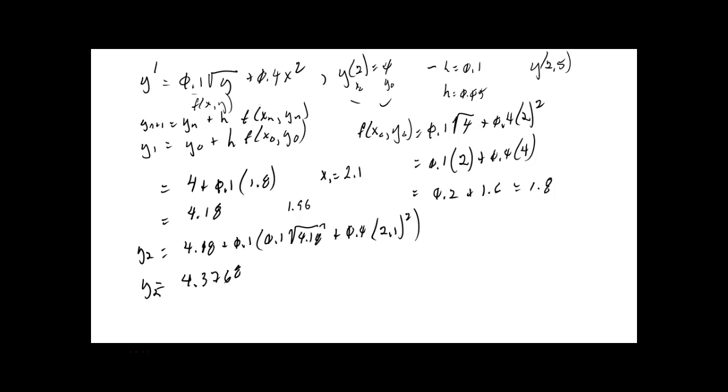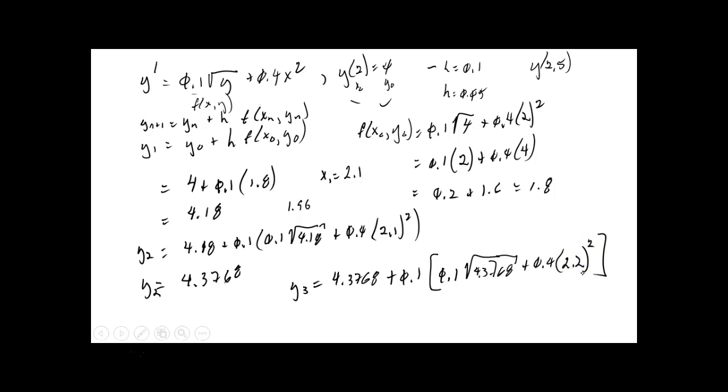y3 is going to be this number here, 4.3768, that's our y2, plus your 0.1, that's your h, times 0.1 times the square root of 4.3768, plus 0.4 times your x2, which is 2.2 squared.